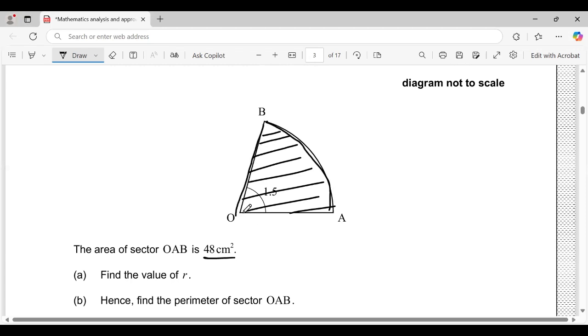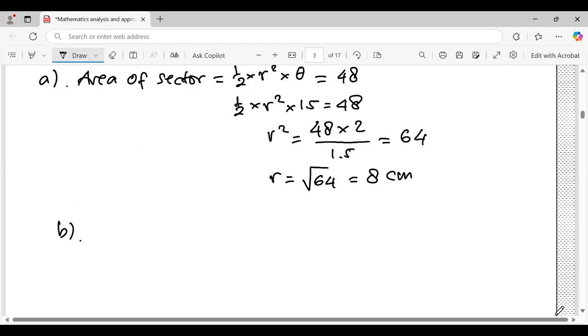OB or BO equals OA, 8 centimeters. So this is 8, this is 8. So we need to find the arc length, and after that 8 plus 8 plus the arc length, and we can determine the perimeter.